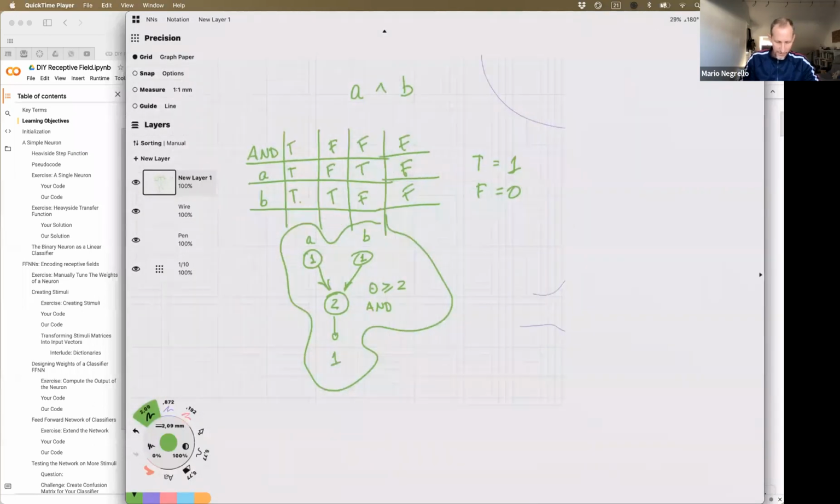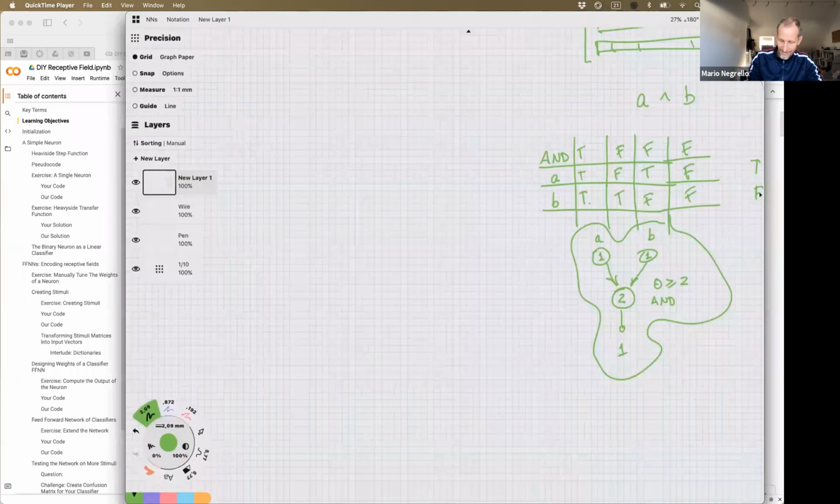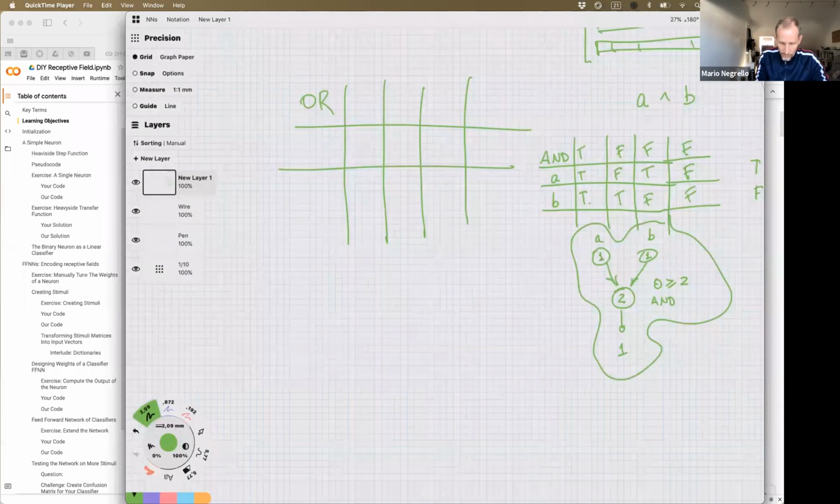There are other functions, there's a great array of functions, but one of them is OR. And OR for A and B is true if either A or B are true, or both. So if A is true and B is true, OR responds true.